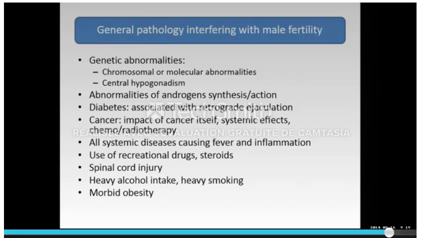The use of recreational drugs, okay, this is not very frequent in our population of patients coming to the ART centers, but it can be quite frequent. And I agree with you, Frida, that some of these men, they would not admit that they use cannabis, but this is true. And steroids. Men taking steroids for sport, or whatever you call that, for bodybuilding.